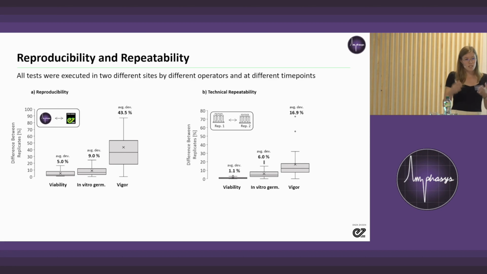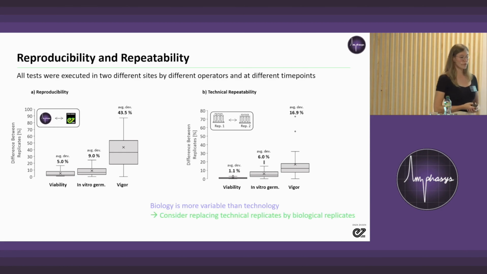So even at the same location, when we have a repetition, we already have differences, which are less for in vitro germination, and there are almost no differences for the replicates when we perform an Amphasys viability measurement. That's also the point I want to emphasize here: for some techniques, like for example when using the Amphasys, biology is often more variable than technology. So consider replacing your technical replicates by biological replicates.